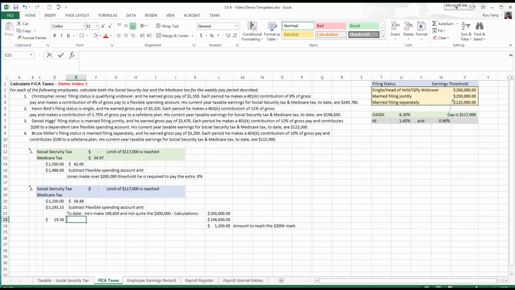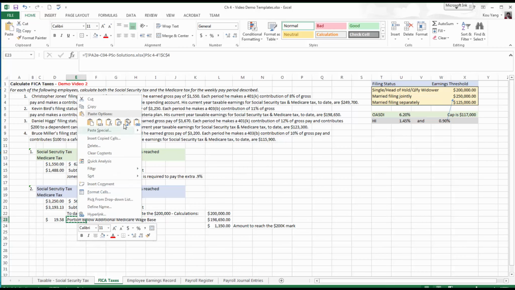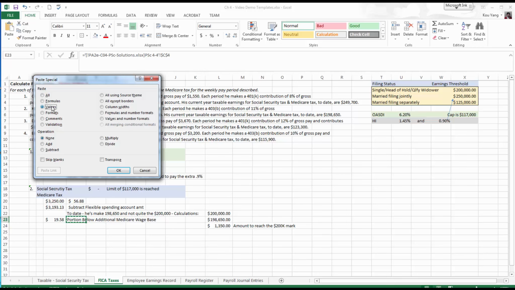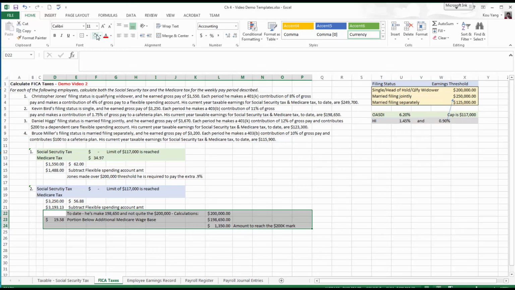And this is the portion below additional Medicare wages. Okay, so as you can see, I'm going to highlight this so that you know exactly where all the calculations are coming from. Okay, so that's the portion below the additional Medicare wage.